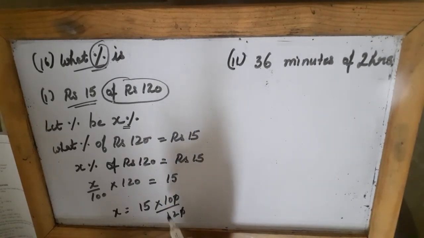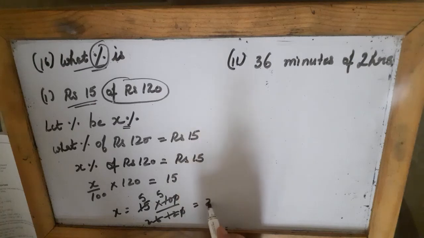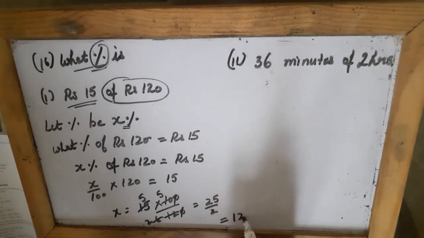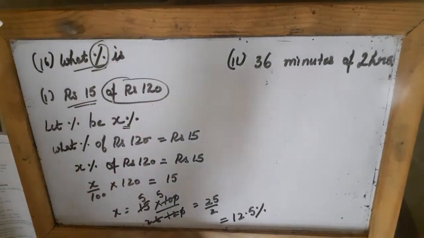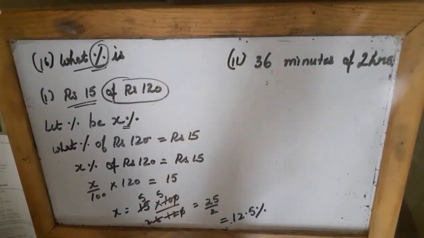So 0 0 gets cancelled. 2 5s are 10, 2 6s are 12, 2 3s are 6, 3 5s are 15. So this becomes 25 upon 2, or 12.5 percent. So 12.5 percent is rupees 15 of rupees 120.